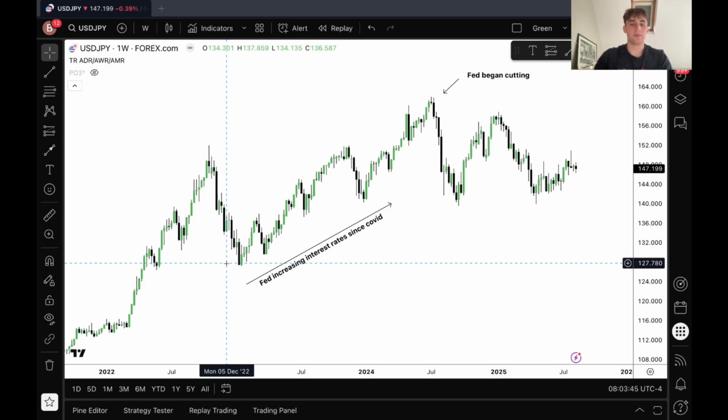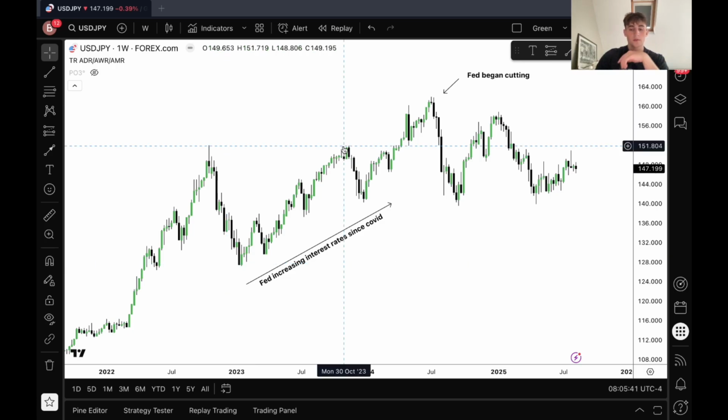There's no incentive for investors to stay in that currency, pretty much. And this is a good example of when you pair a high interest rate currency and a low interest rate currency. Now, if we had two currencies that had very similar interest rates, we'd sort of be stuck in a consolidated market, or if we had two, let's say, two high interest rate currencies, the market wouldn't trend as well as we'd like. Okay.